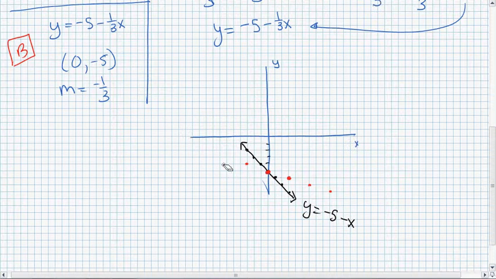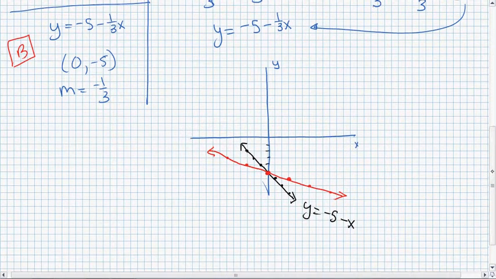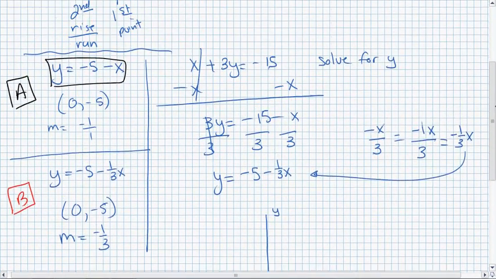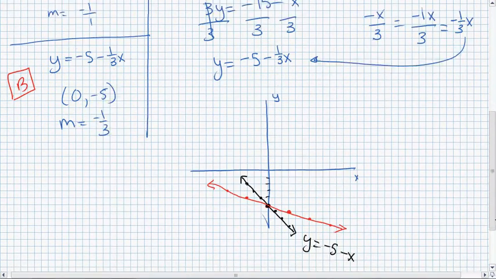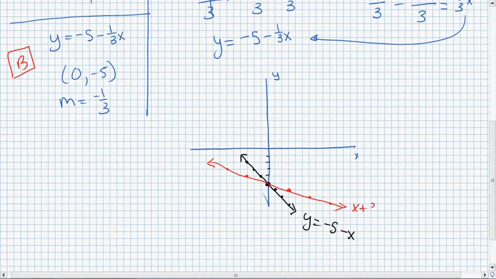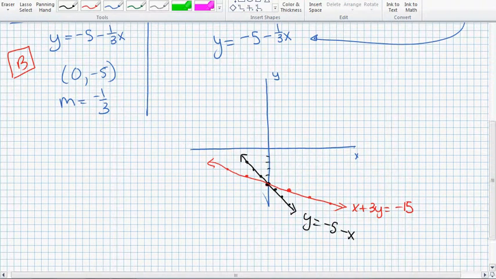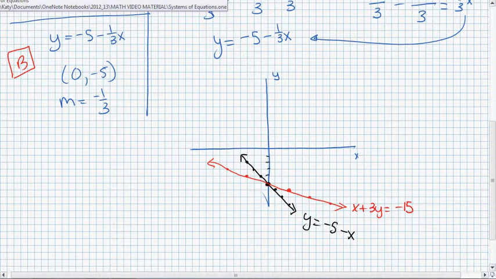Then connect those points with a line, and I'm going to label that line with the original equation, x plus 3y equals -15.